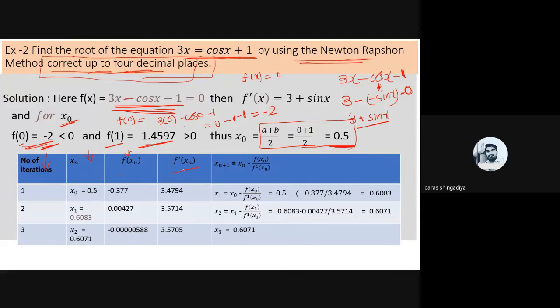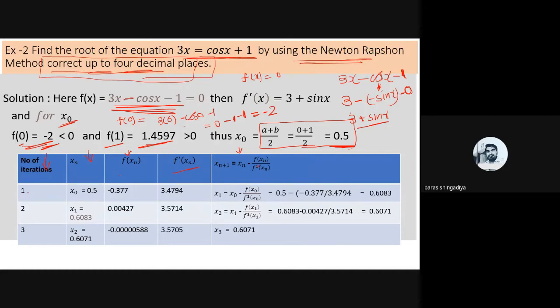Then the derivative output, the next column will be f dash of xn, the derivative output of the given value. And the last column is our answer, the formula of the Newton-Raphson method: xn plus 1 is equal to xn minus f of xn upon f dash of xn. This column will derive our required answer.